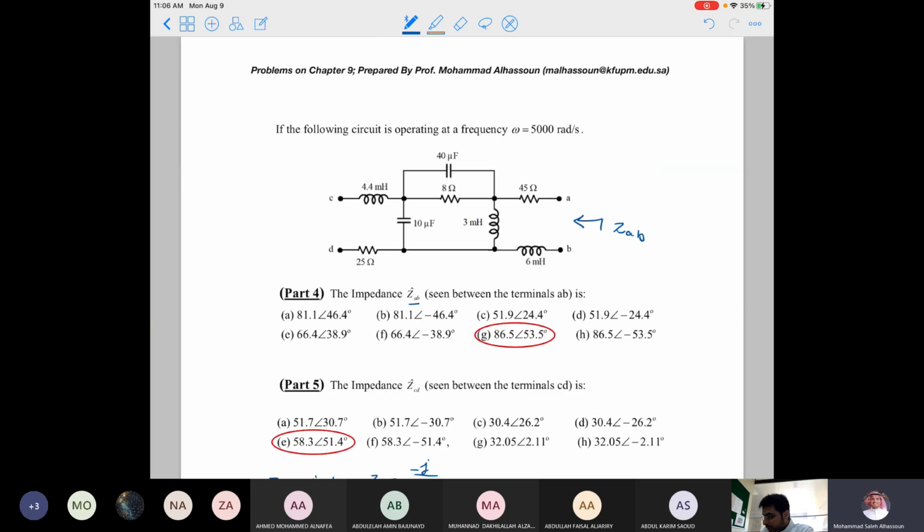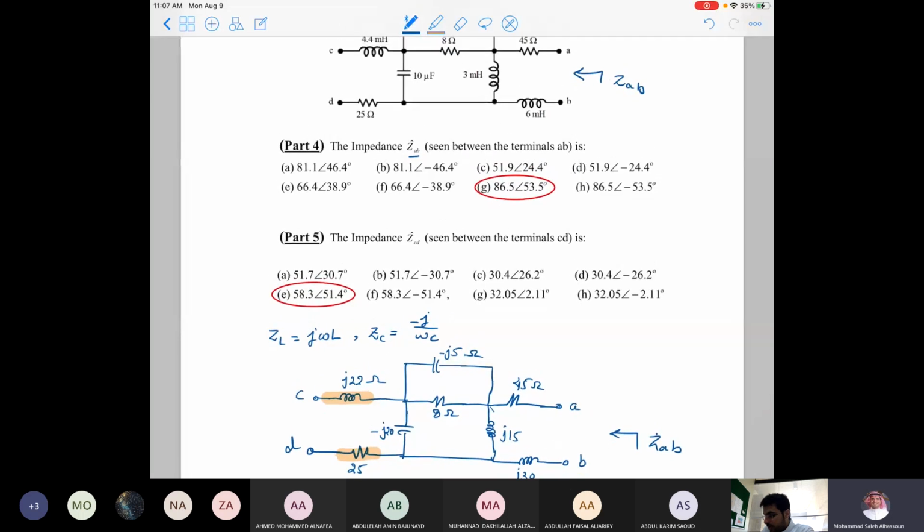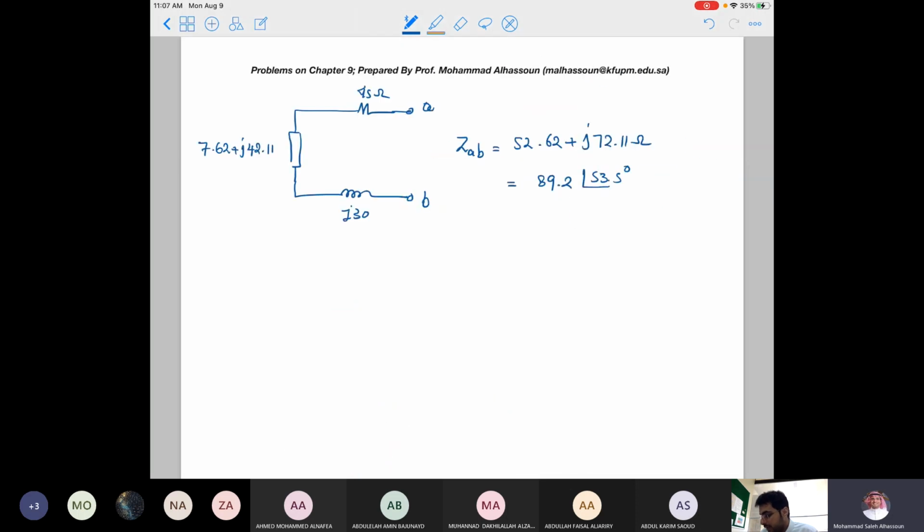And if I go back to the solutions, the closest one to this is that one. I might have lost something in the approximation here. So that causes the difference between not getting 86, but getting 89. But again, here the angle is 53, which is exactly the same as the angle we have.